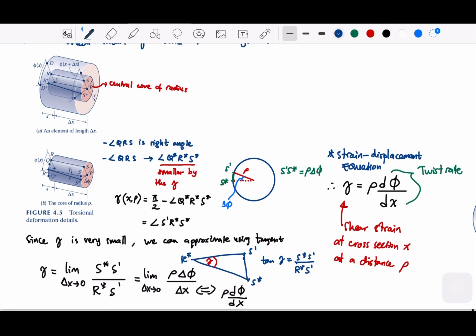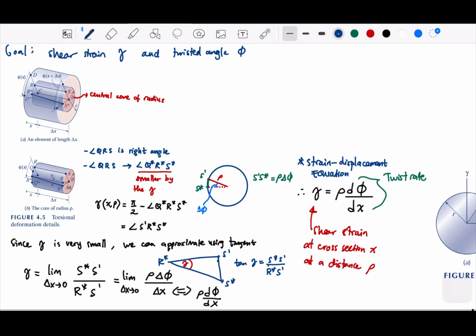If we think like in calculus, this is d dx of phi. So it is how fast the twist, or how fast the angle, will change. You can say that.